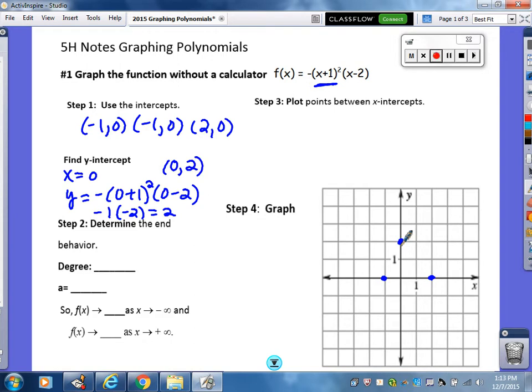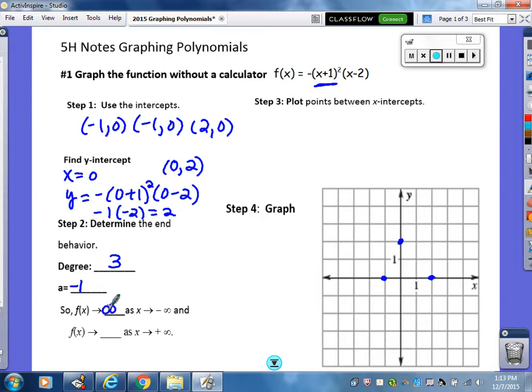Now let's determine the end behavior. For step 2, we're going to determine the end behavior. Look at this, this is a third degree polynomial, and the lead coefficient, a, is -1. So as x approaches negative infinity, y is going to approach positive infinity.